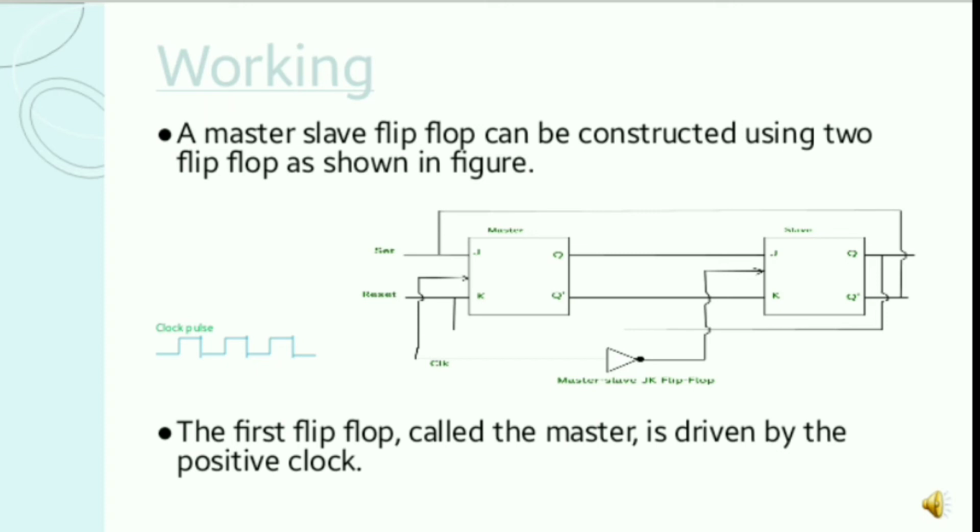When the clock pulse is positive, the master flip-flop will operate, and the slave will operate due to the negative pulse of the clock. So this is how it works.